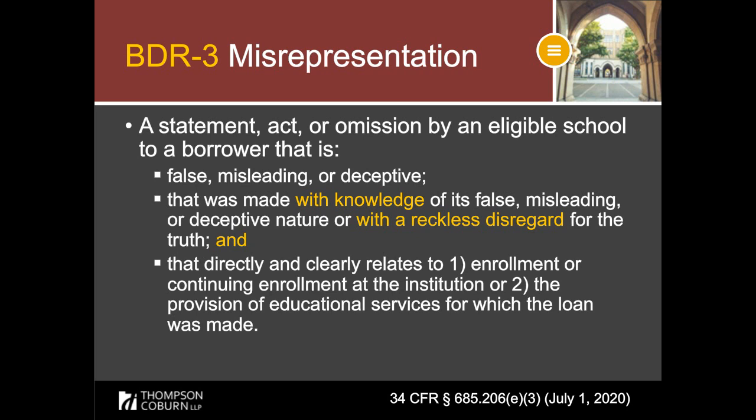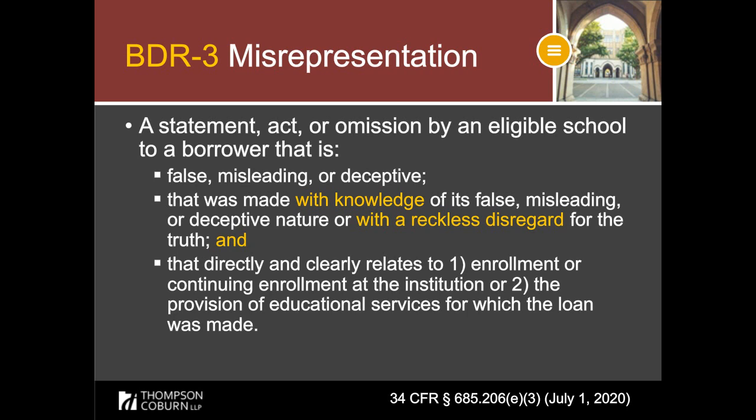No one is saying that an institution shouldn't work with the student to try to mitigate any harm they may have sustained, even when the act or omission at issue was innocent or inadvertent. The question here is only whether or not it should be the basis for the discharge of their loans. And what this administration is saying is we don't think it's appropriate to discharge loans if a school inadvertently or innocently made a mistake.